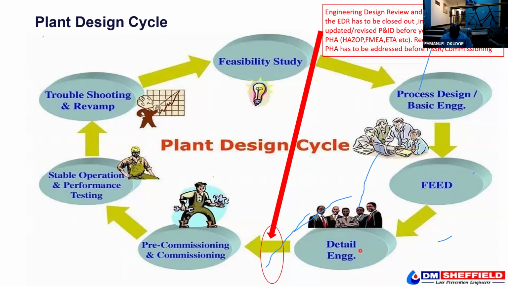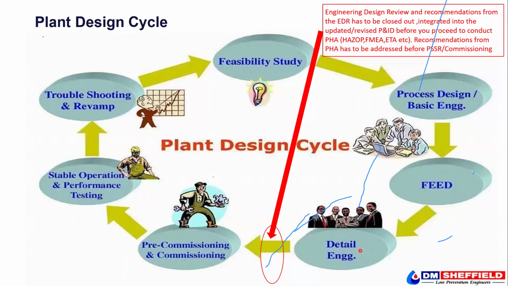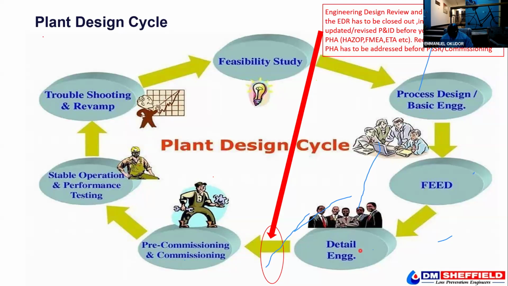Now, when you have done your PHA, there will be recommendations as the need arises. What you do is ensure that at the pre-start or pre-commissioning phase, you address them depending on the company's punch list.